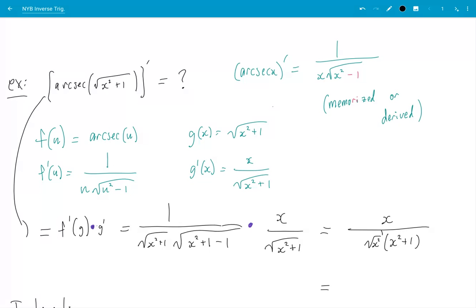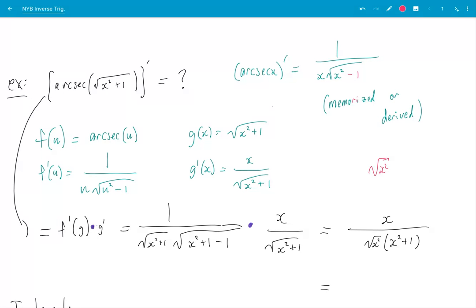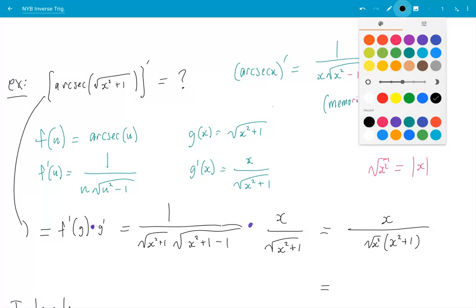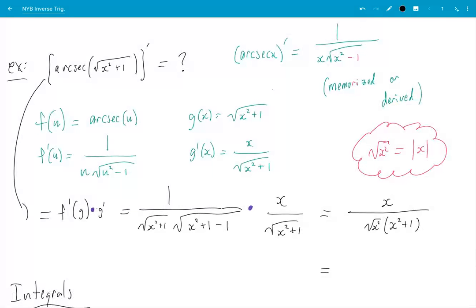Now, in general, root x squared is actually, if you think about it, equal to the absolute value of x. But I typically allow students at this level to just not worry too much about such details and just cancel to get 1 over x squared plus 1.